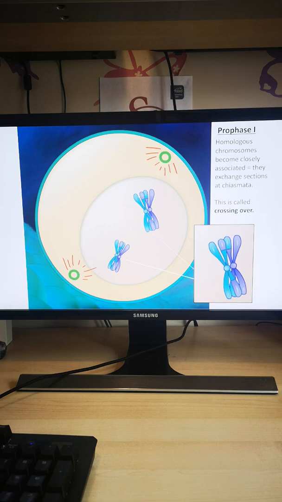That means now that each one of these DNA molecules is slightly different to each other. So this process was to increase variation by mixing alleles.